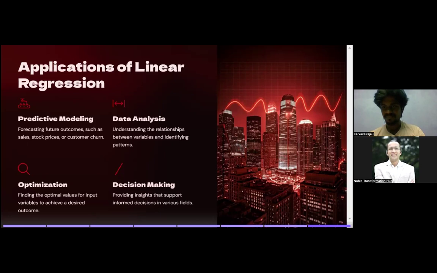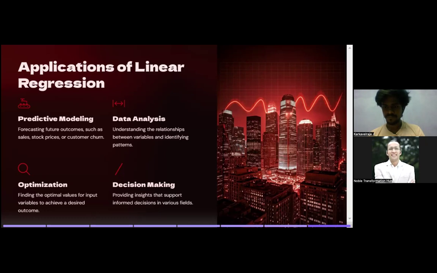You have to understand that you can't cage optimality. You have to always challenge the status quo, the current position. Status quo means current position. So we have to keep innovating, keep improving and learning and building new models. So finding the optimal value of the input variable to achieve the desired outcome.